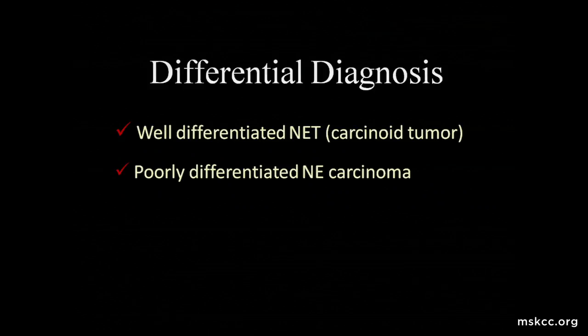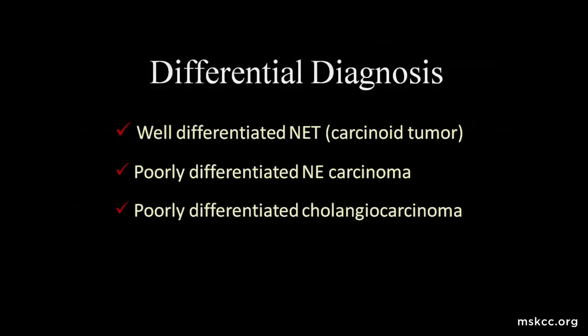Because of the neuroendocrine morphology and the high mitotic activity, one should also consider a poorly differentiated neuroendocrine carcinoma. And because the tumor is in the bile duct and there's a high CA 19.9, cholangiocarcinoma is still in the differential diagnosis.